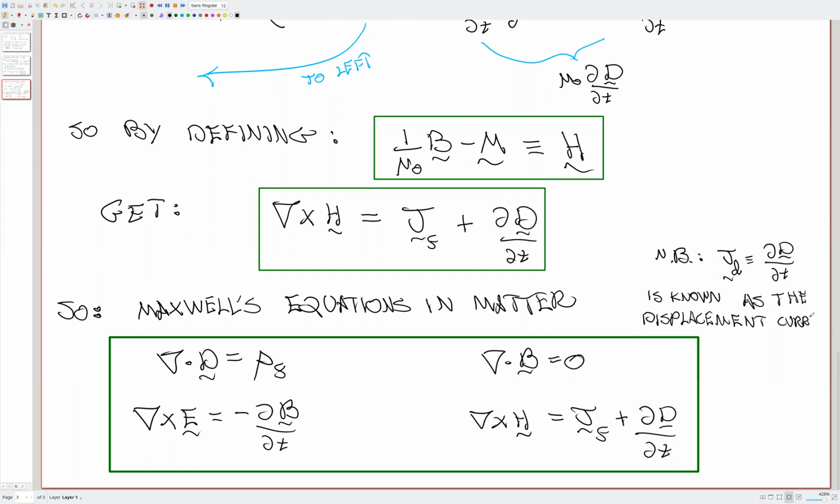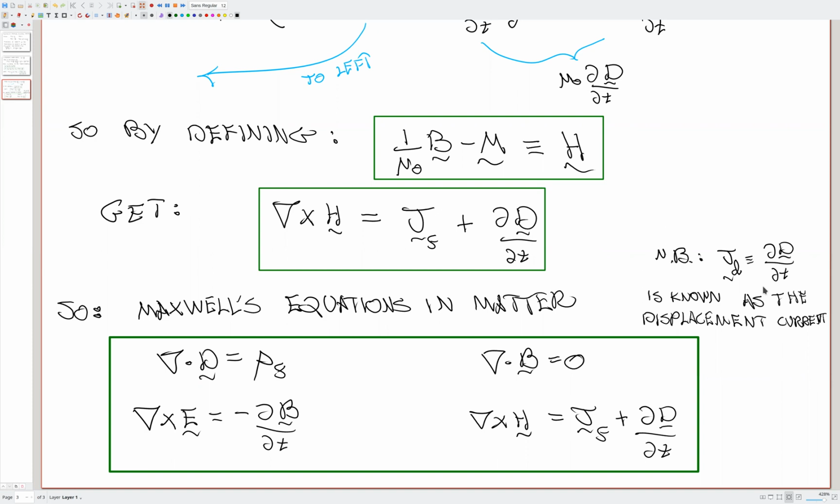Okay, that's just nomenclature for this. So the time dependence of D is the displacement current. Again, you'll come across that term in the literature. Question? Displacement current was epsilon 0 times the time dependence of E? Yeah, so you see here, it's essentially the same thing, except that we've added to it the polarization.